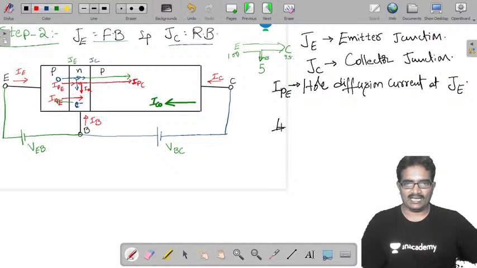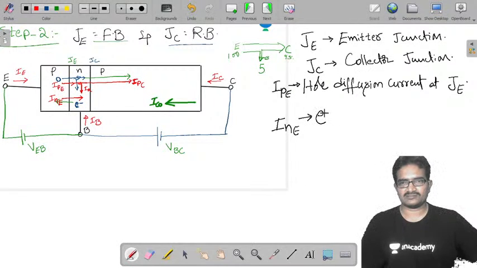Next, INE, electron diffusion current at emitter junction.